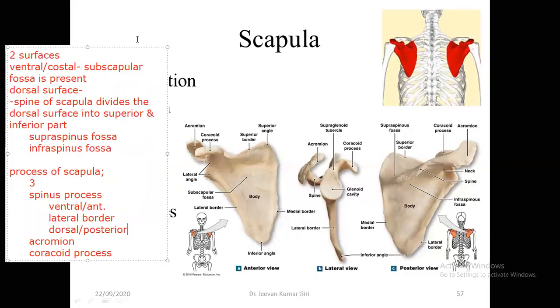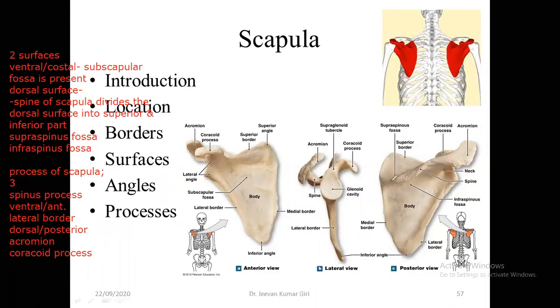You can see here, this is the triangular bony projection. One border is a free border, the next border is here, and another border is attached along the dorsum of the scapula. So these are the three borders: the dorsal or posterior border, and the anterior border, which is attached to the dorsum of the scapula.